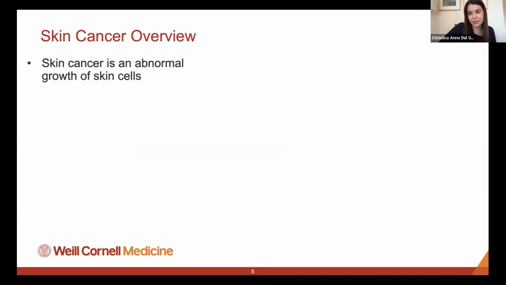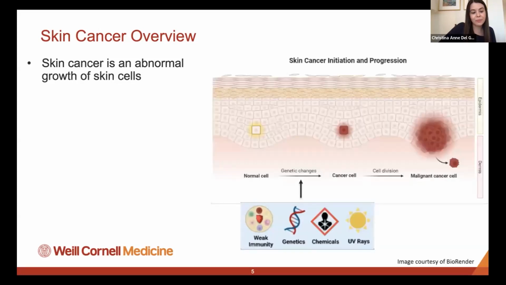So what is skin cancer? Skin cancer is an abnormal growth of skin cells. Normal skin cells are impacted by genetic changes induced by a variety of causes, the most important of which is the sun's rays. The sun causes genetic changes that affect the way that our cells function, especially how they grow and divide.